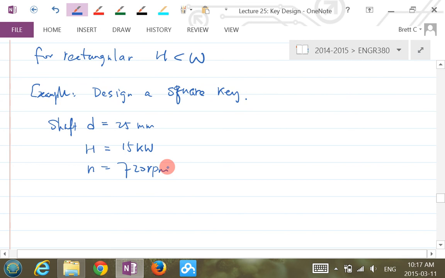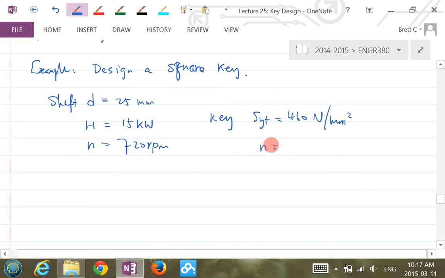We decided on the key material already, which is 460 Newton per millimeter square, megapascal. We're designing using a safety factor of 3.